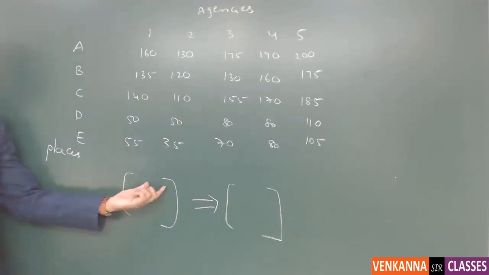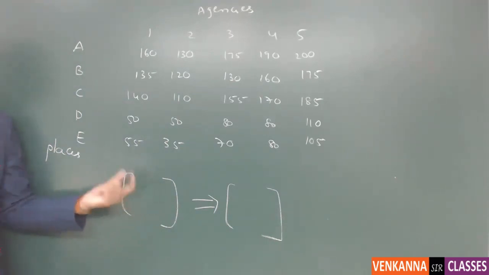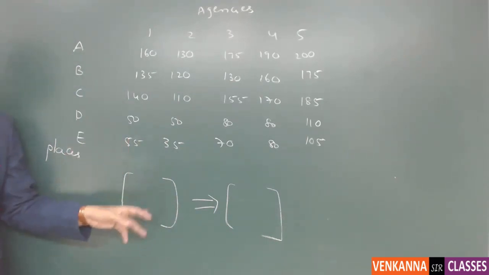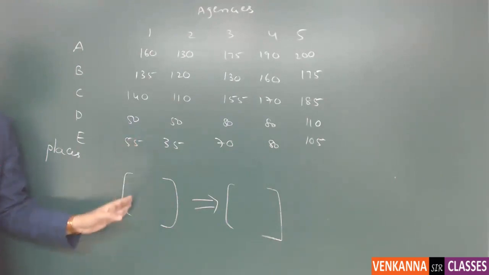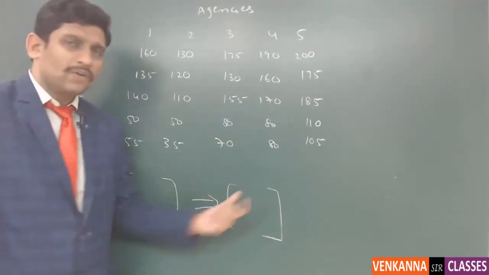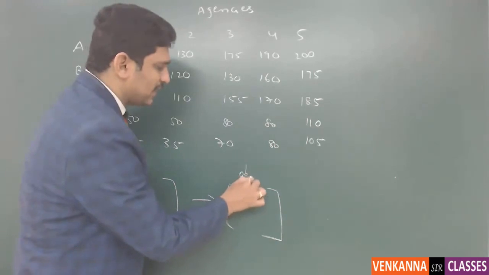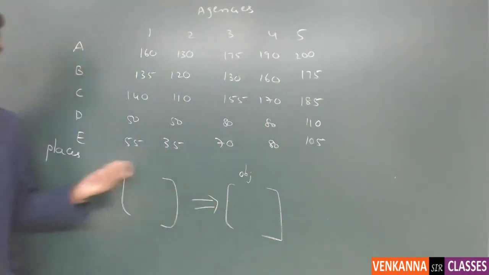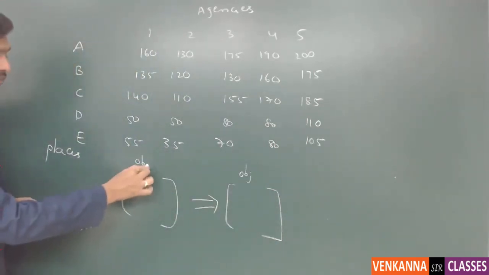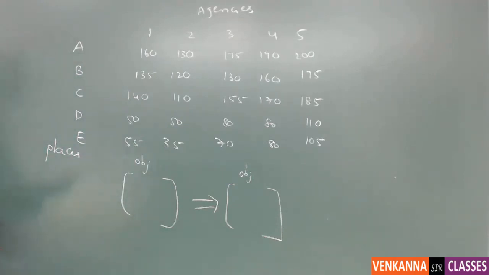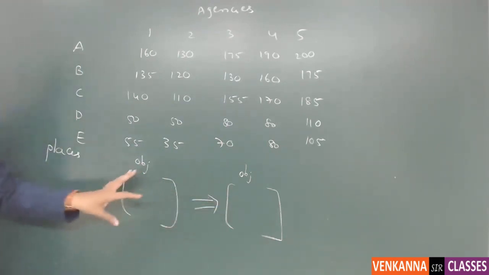So if you add or subtract a constant value from each row and each column, whatever objective is satisfied here, the same objective will be satisfied there. There is a theoretical proof under the Hungarian method. Since proofs are not in our criteria, we are simply discussing the method only. Fine?